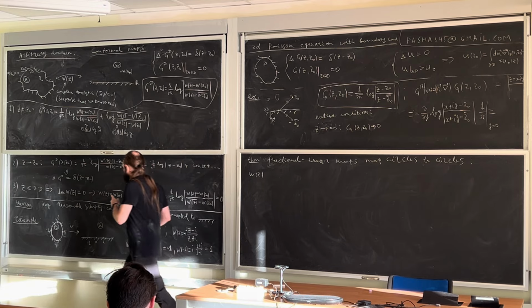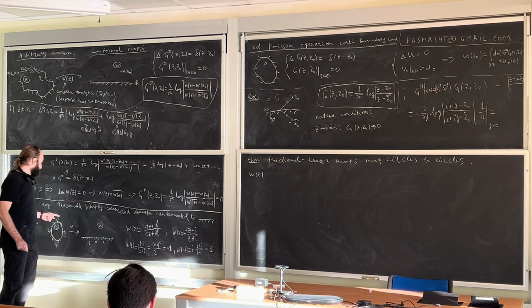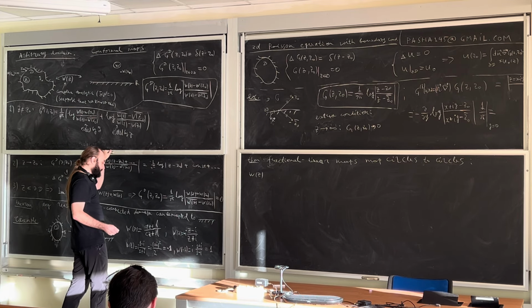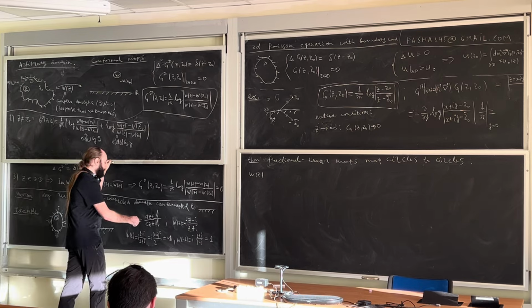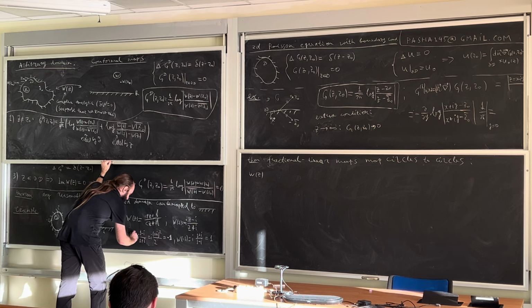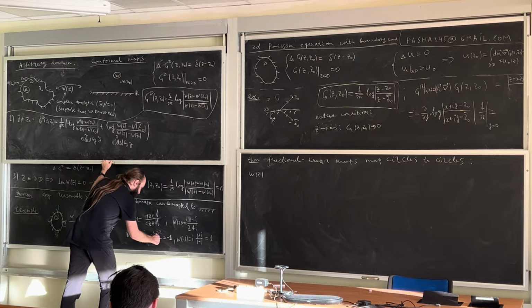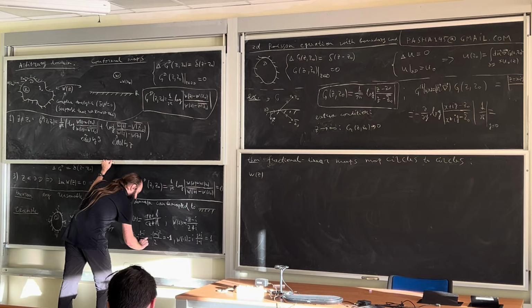So let us think about the orientation of. Okay, I made another mistake here. So it was 1 minus I in the numerator. So it should be 1 minus I here. And it should be minus I here.